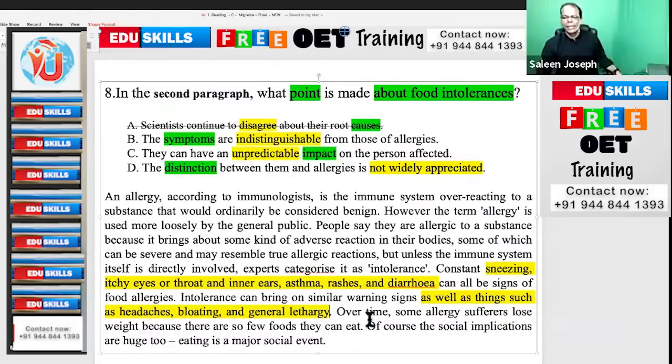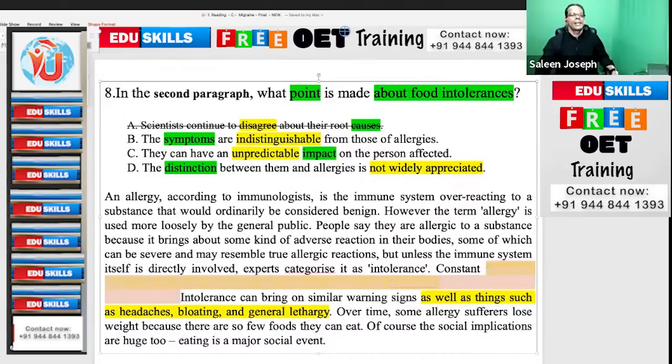But here the text says, as regards intolerance, you have all the symptoms of food allergies plus headaches, bloating, and general lethargy. Is there a difference between symptoms of allergies and symptoms of intolerance? Just write down what are the symptoms of allergies, one after another fast.